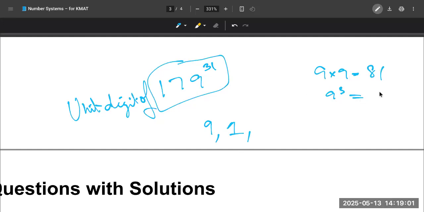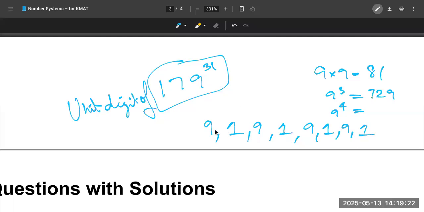And 9 cubed is 729, and this 9 is in the unit place. Then again, you multiply it by 9, and 1 would be in the unit place. So it goes like 9, 1, 9, 1.